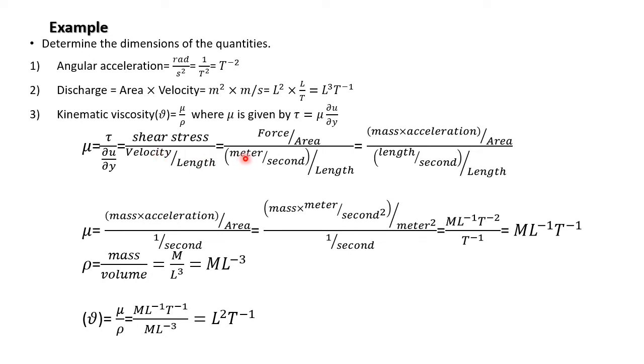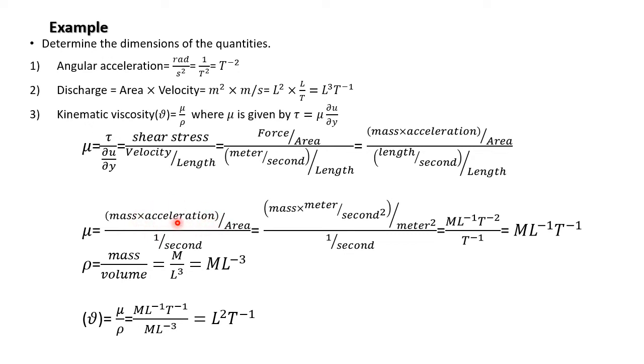Velocity is meters per second, divided by length. The dimension of meter is length, so length gets cancelled, and what remains in the denominator is 1 by second. Now in the numerator we have mass into acceleration by area. This mass into acceleration is nothing but force. Now I need to further simplify this acceleration. So what is this acceleration?